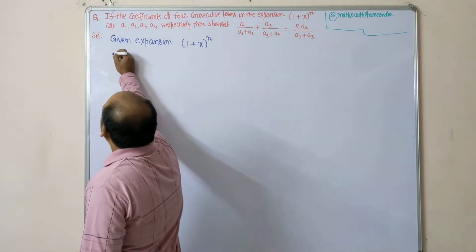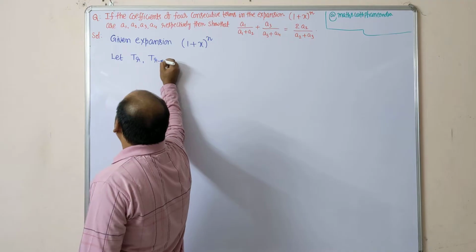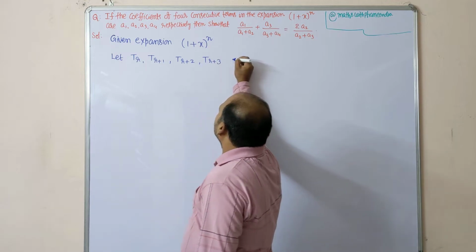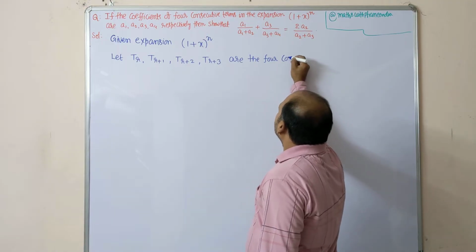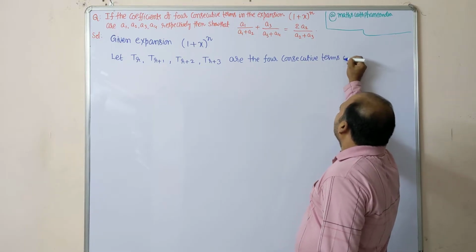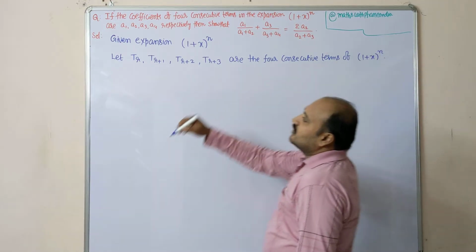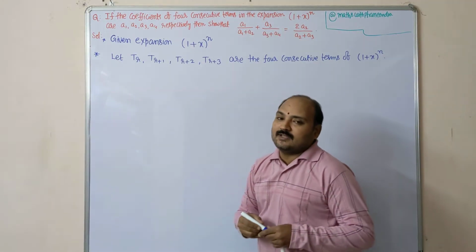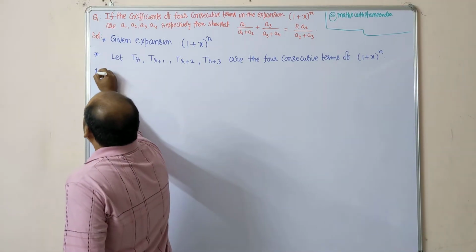I am assuming that let TR plus 1, TR plus 2 and TR plus 3 are the 4 consecutive terms of the expansion 1 plus x whole power n expansion. The given expansion. After that, we are assuming that in the terms TR is the TR plus 1, TR plus 2, TR plus 3. So one by one we will write it, dear students.